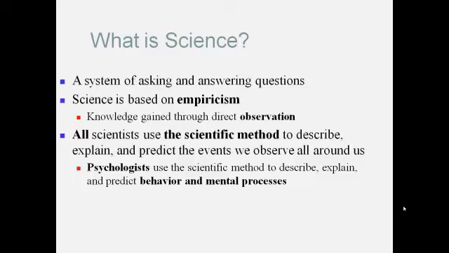So you're using empiricism, you are making an observation in the real world, and you are describing, explaining, and possibly predicting what you are seeing. And with psychology, we are describing, explaining, and predicting behavior and mental processes.